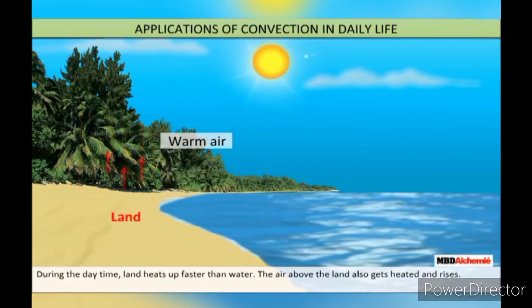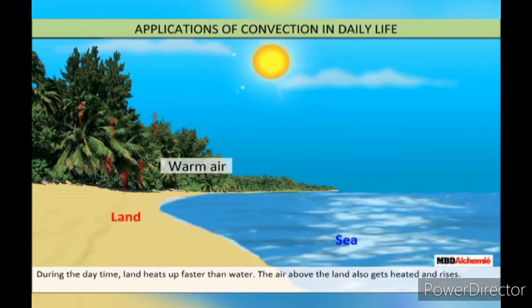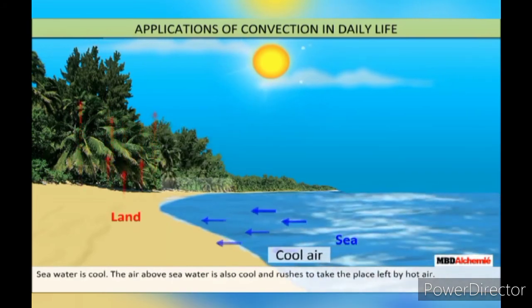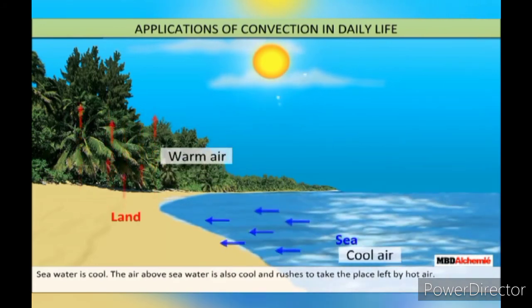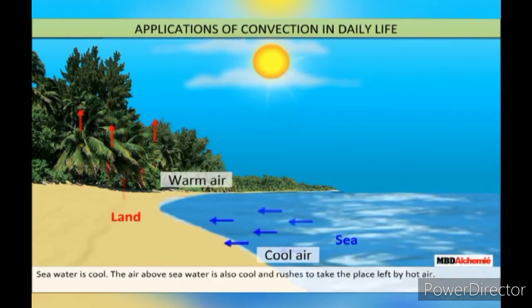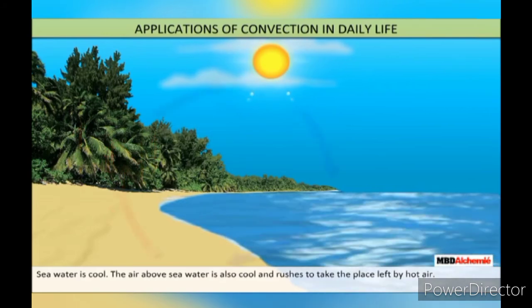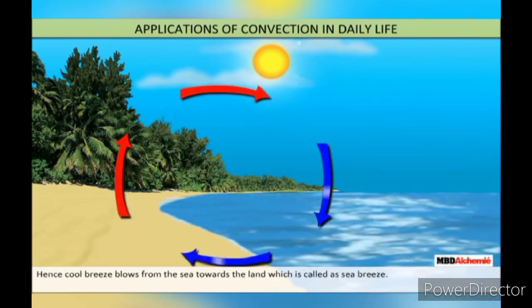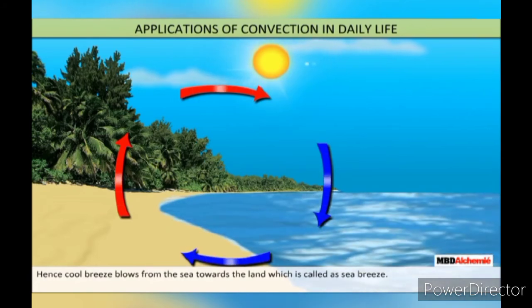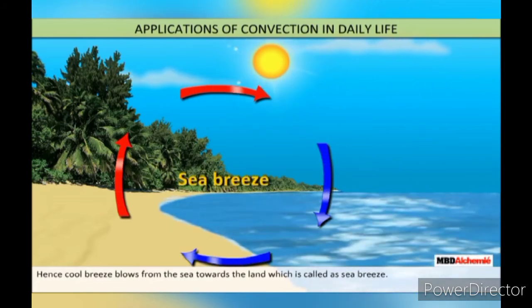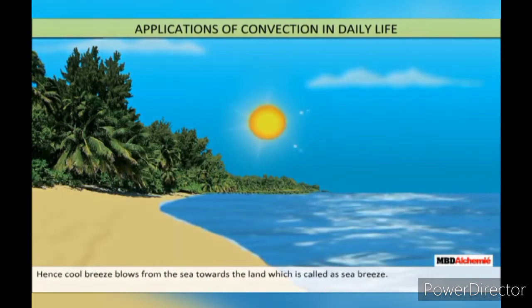The air above the land also gets heated and rises. Sea water is cool. The air above the sea water is also cool and rushes to take the place left by hot air. Hence, a cool breeze flows from the sea towards the land, which is called a sea breeze.